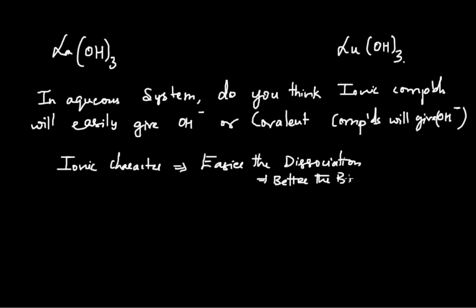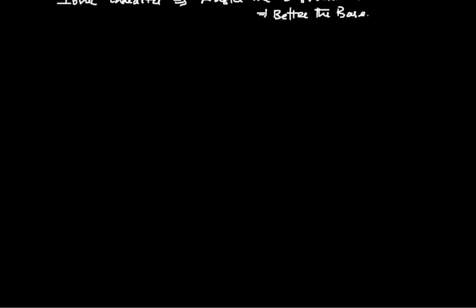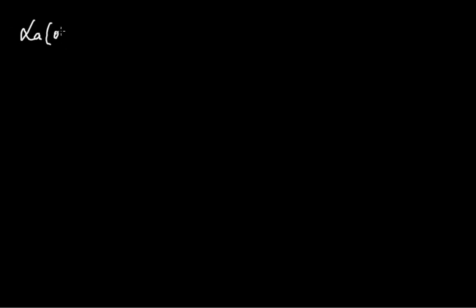Better the base. Right. Now let us apply this with La(OH)3 and Lu(OH)3. So compared to La and Lu, which has a smaller size? Lu has a smaller size. Reason: lanthanide contraction. Lanthanide contraction is the effective decrease of size from left to right in the lanthanide series.